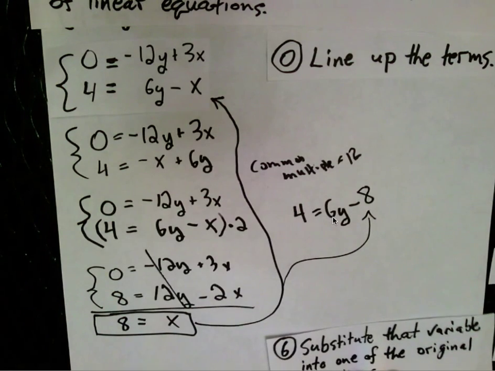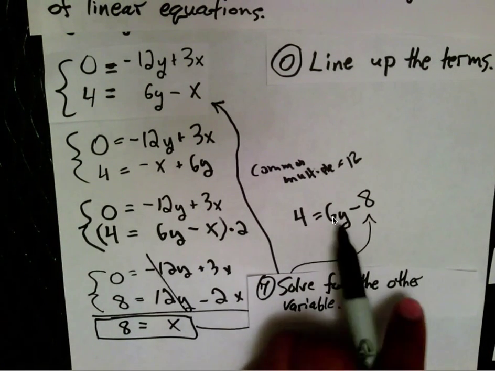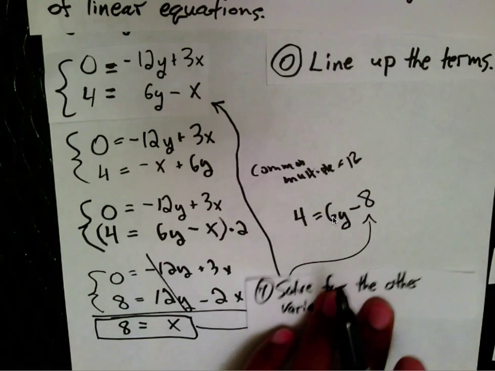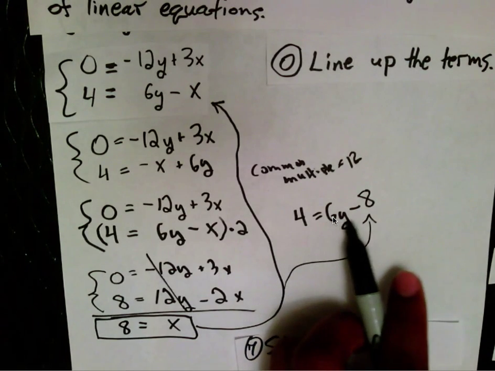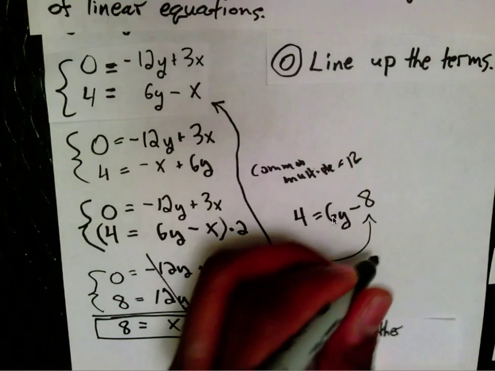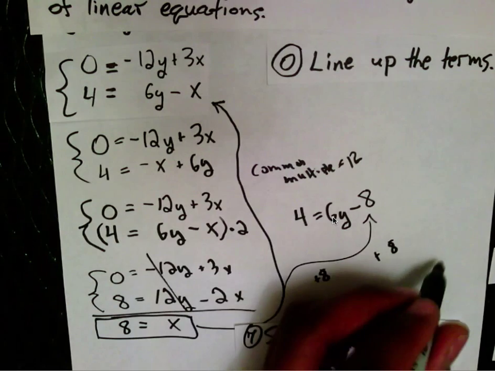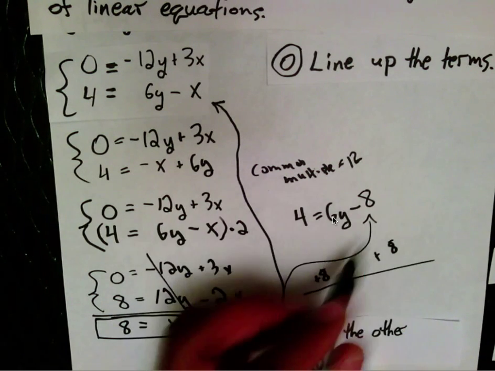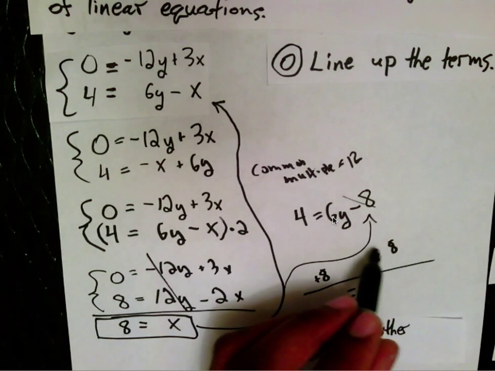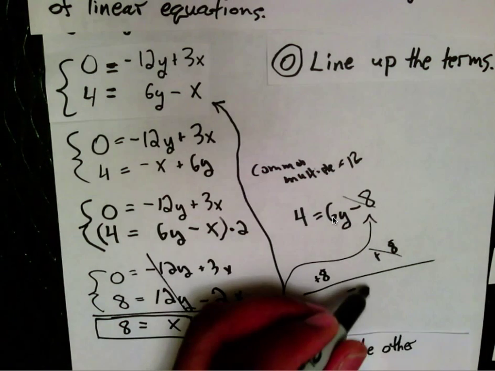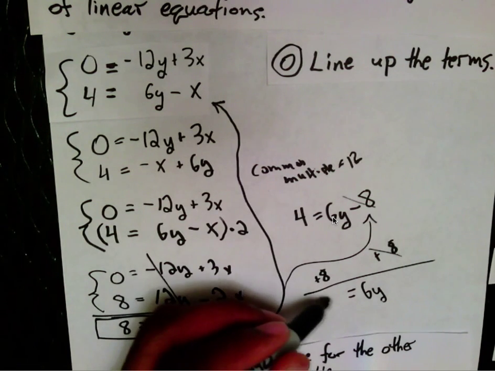And now my next step, I'm going to solve for the other variable. Solve for y. Okay. So if 4 equals 6y minus 8, if I add 8 to both sides, negative 8 plus 8 cancels out, and 8 plus 4 is 12.